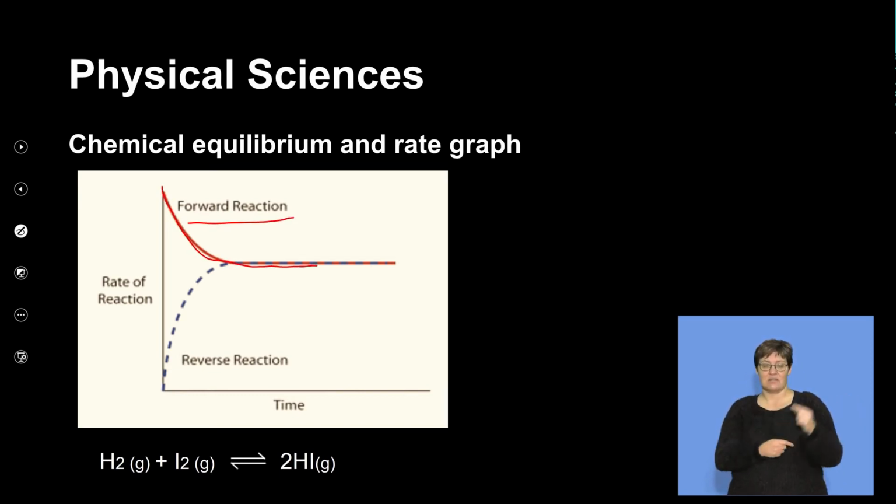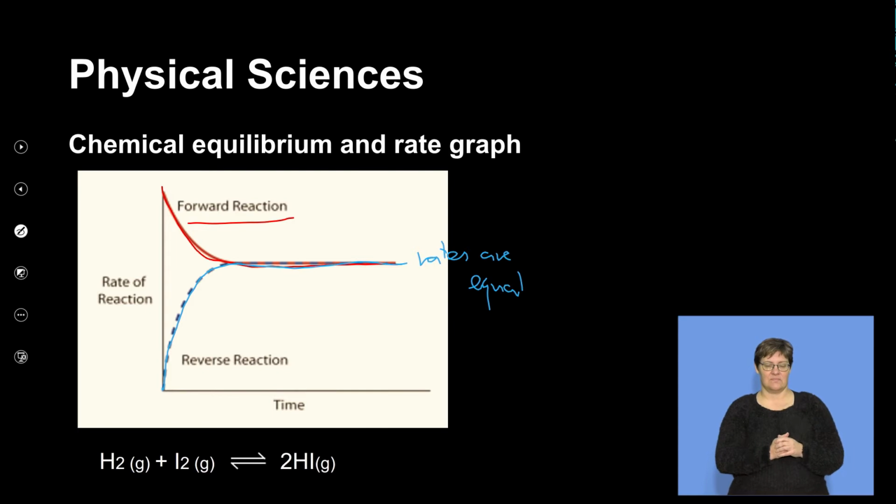It's coming all the way down there. And the reverse reaction is starting off with nothing at the beginning. So we recognize the reverse reaction forms, and it gets exactly the same end point. So it's at this point the rates are equal.